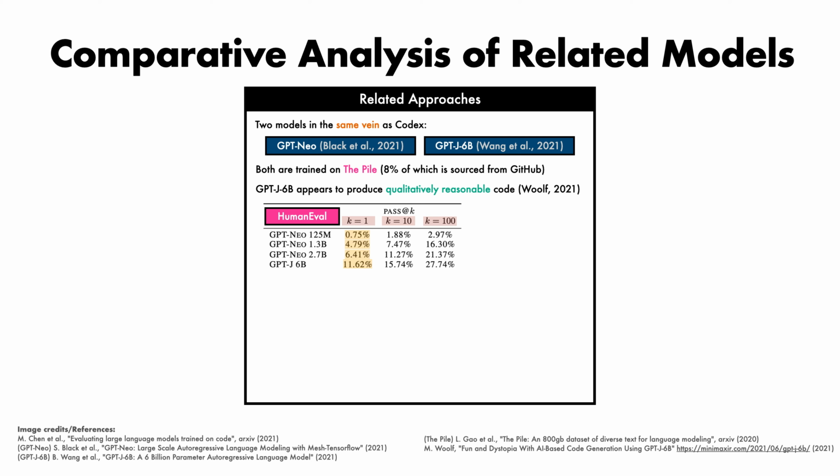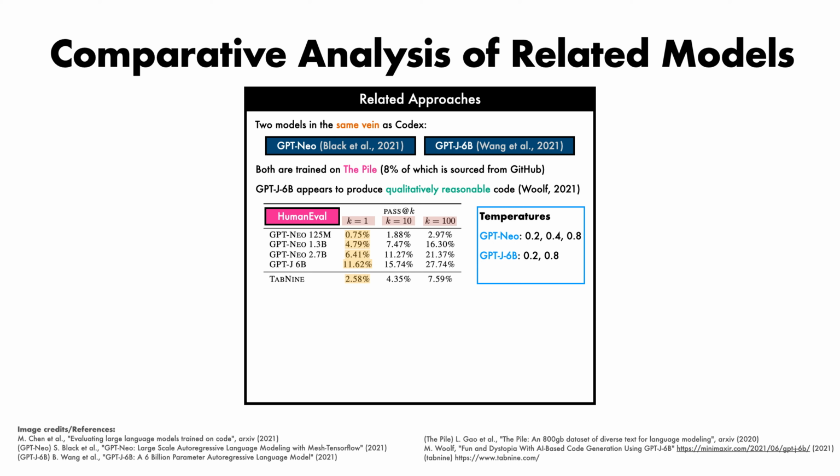Performance is also reported for the largest free model from Tabnine, a service for code completion, which achieves 2.58% pass@1. To compute pass rate metrics, the best result is selected from evaluation using different temperatures, specifically among 0.2, 0.4, and 0.8 for GPT-Neo, 0.2 and 0.8 for GPT-J-6B, and 0.4 and 0.8 for Tabnine.